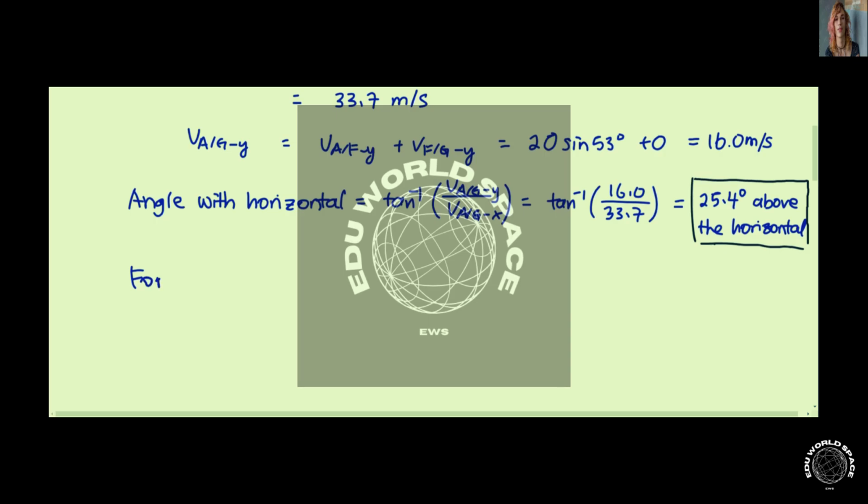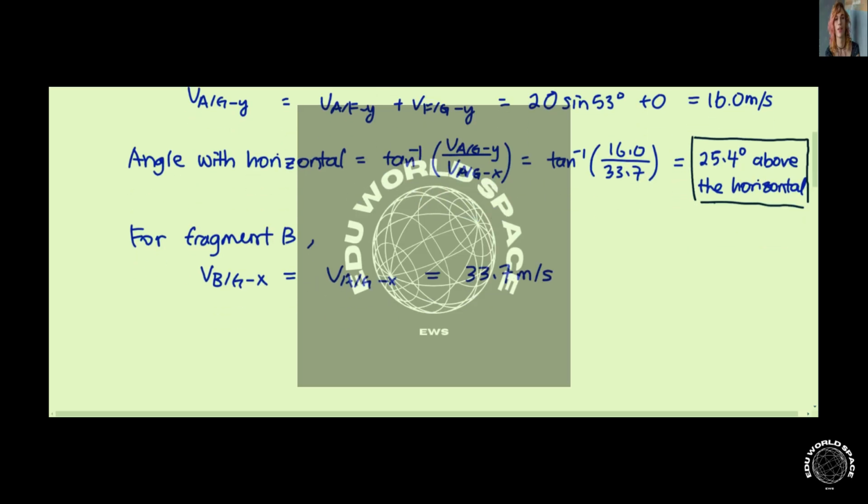Then for fragment B, the x component VB relative to G is the same as the x component of VA relative to G. So this is also equal to 33.7 meters per second.